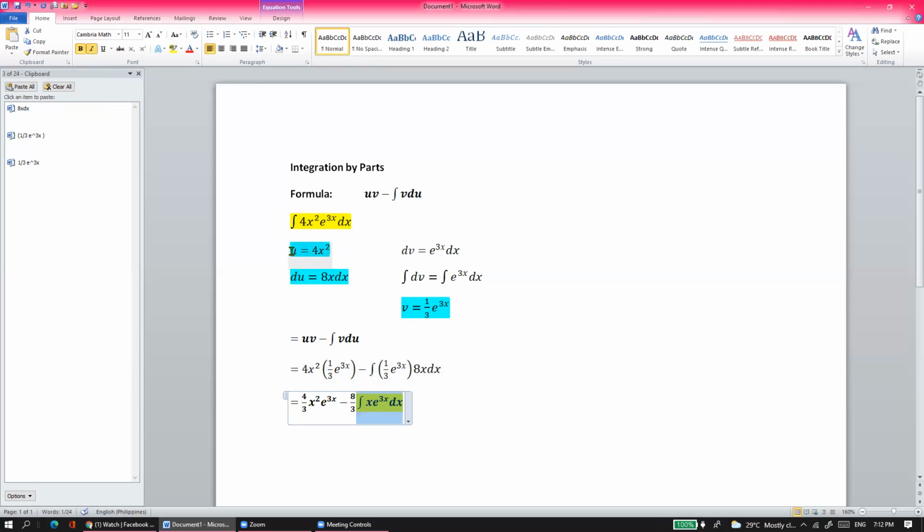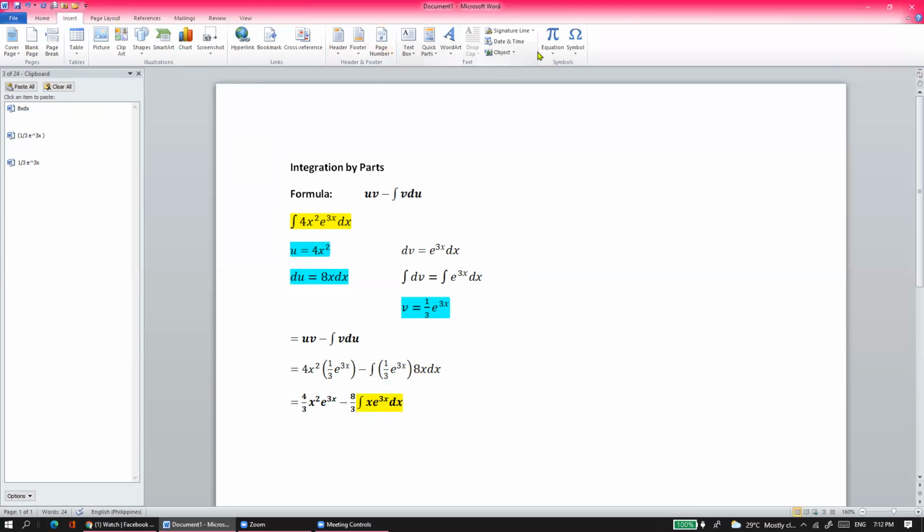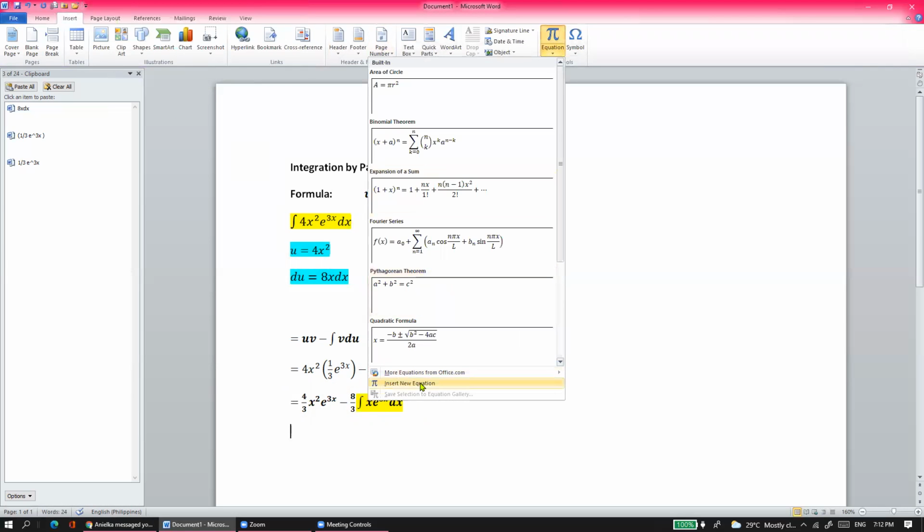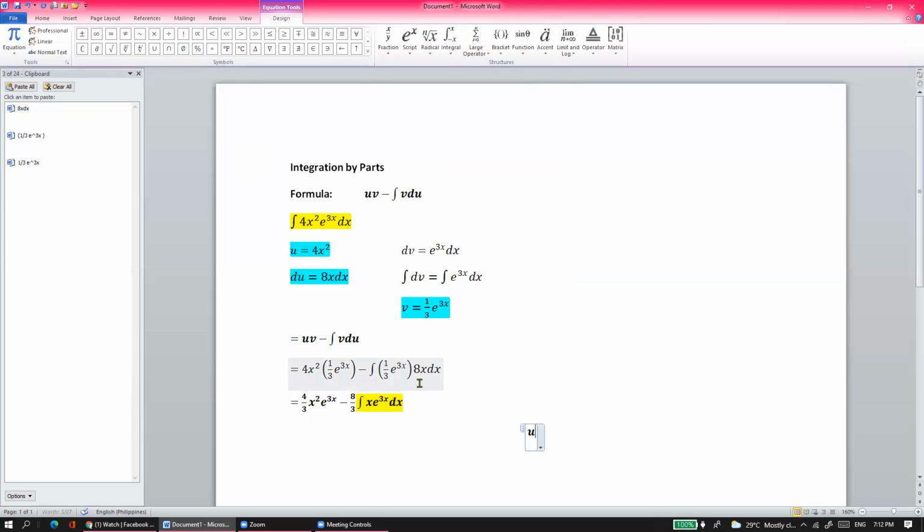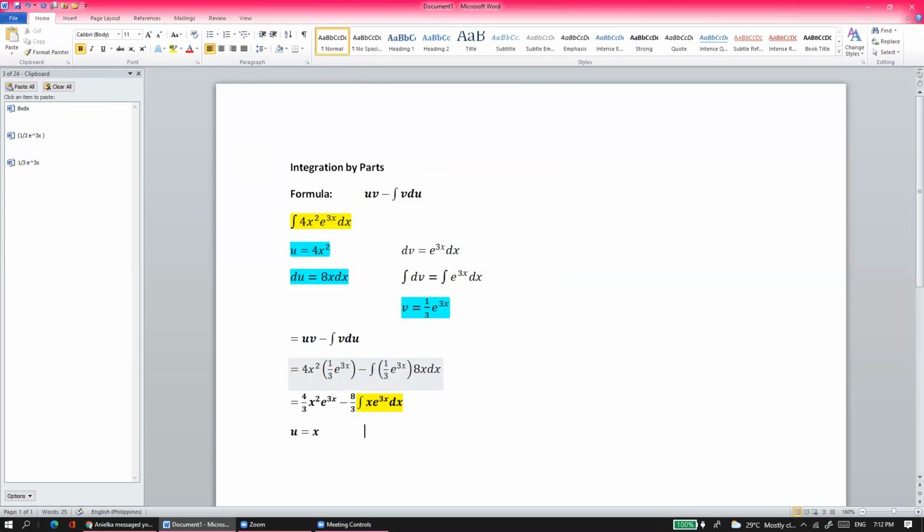So, again, kung ano yung ginawa dito kanina, yung mga in-highlight ko, ulitin lang natin. So, let's do that again. In this case, ang value ng ating u is yung x naman. Pero, ang kagandaan dito ng mga anak, no, ang dv hindi mababago. Kung yung nakuha natin kanina na dv, yun din ang dv natin dito.